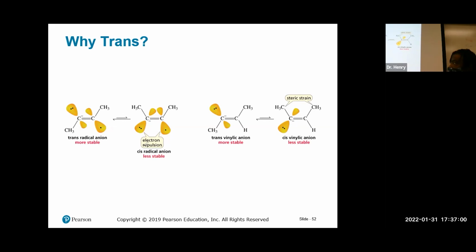So this is electron repulsion or steric hindrance, right? You guys remember steric hindrance? Getting in the way of each other. So remember when we were turning the models, if we turn the models so they're both on the same side, the molecule's so big on one side, it'll start bumping into each other. Steric hindrance. Okay.